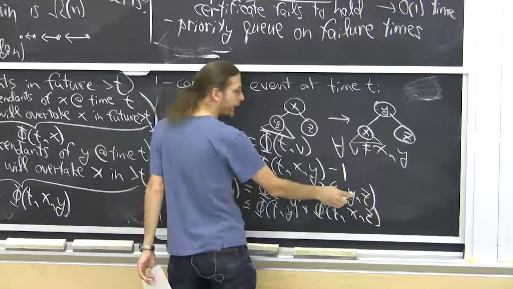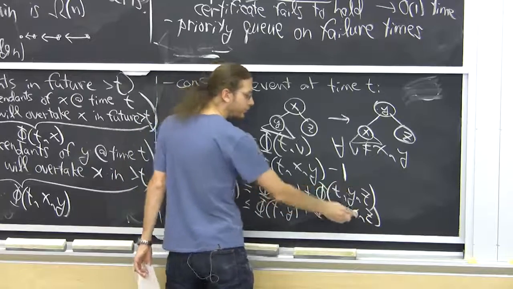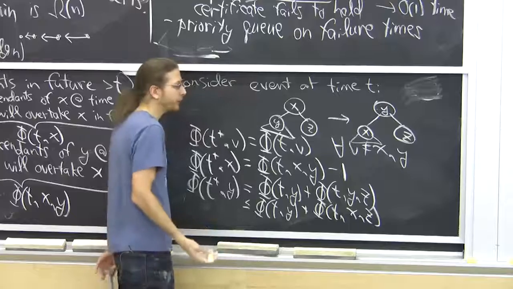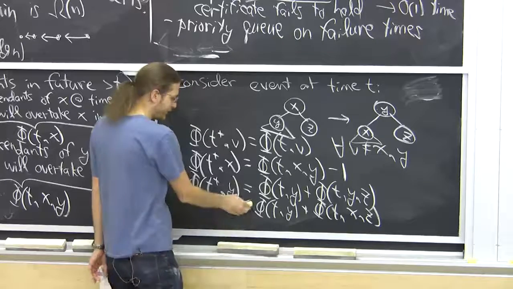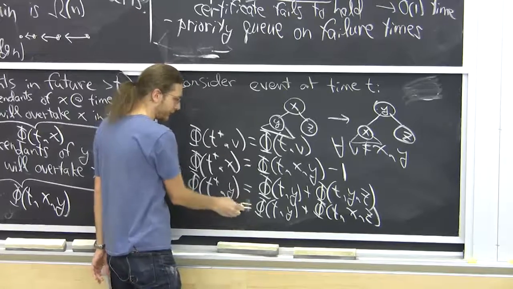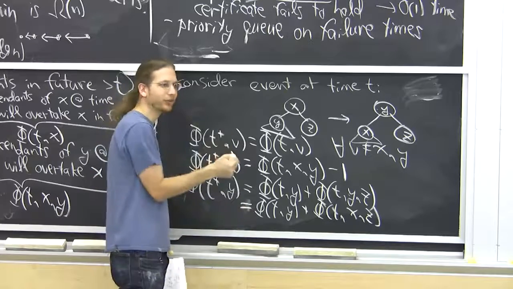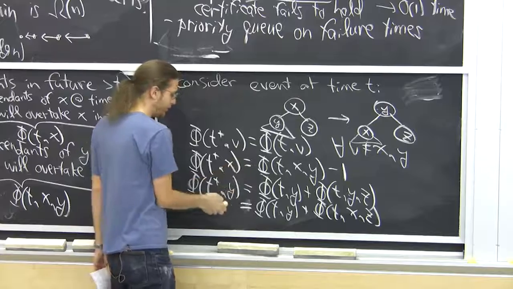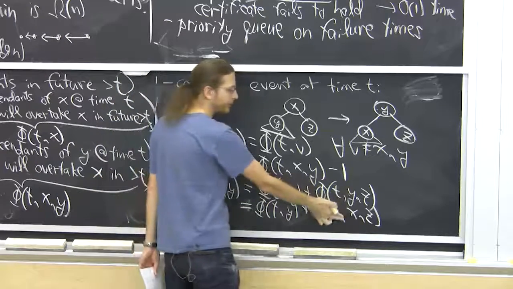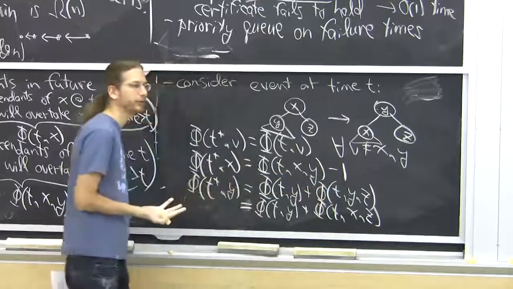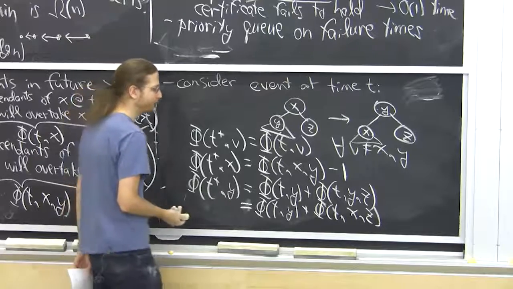If you're going to overtake y at this time, you would overtake x at this time, because x and y are equal right now. I'm pretty sure this is actually equal. I don't know why I wrote in my notes less than or equal to. Less than or equal to is all I need. But at this moment in time, when they're actually equal to each other, it doesn't matter whether you have x and y here. You will overtake one if and only if you overtake the other at this moment.